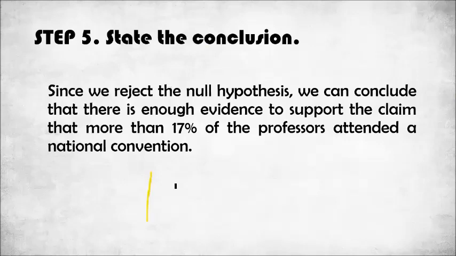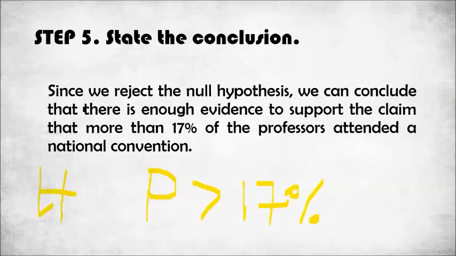Ang claim natin ay P is greater than 17%, which is yung H1. Therefore, meron tayong enough evidence to support our claim that the population proportion is greater than 17%. So this hypothesis is proven to be true and valid.